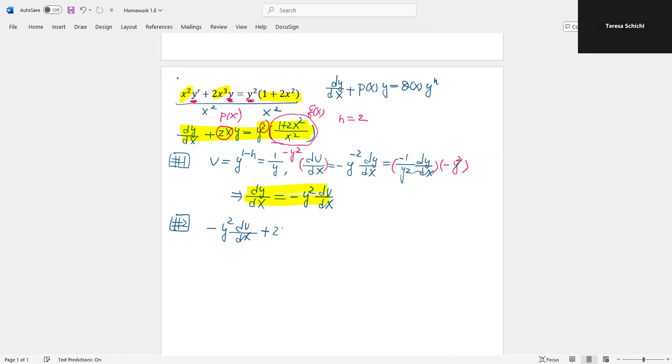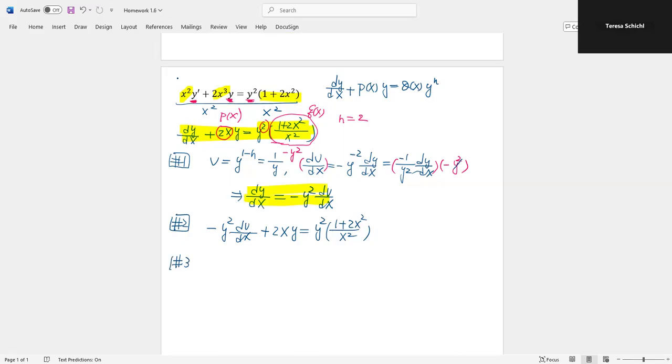Everything else remained the same: plus 2xy equals y squared times (1 plus 2x squared) over x squared. Okay, so now the next thing is I'm going to change that to the standard first order linear differential equation.